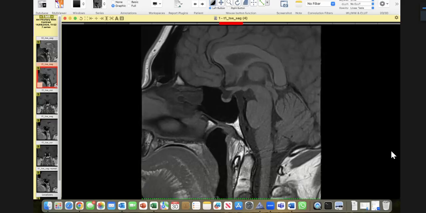That the oxytocin and ADH are produced in the hypothalamus. They go into and are stored in the posterior pituitary, and because of proteinaceous content, etc., they are high signal on T1. Please remember, it's not fat.